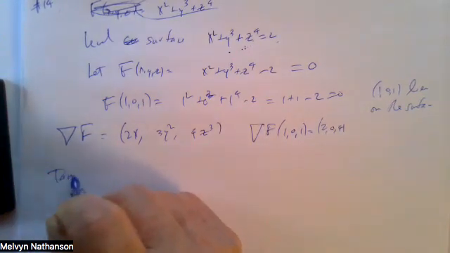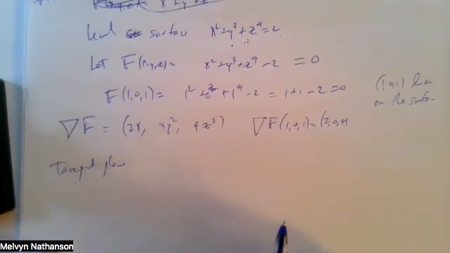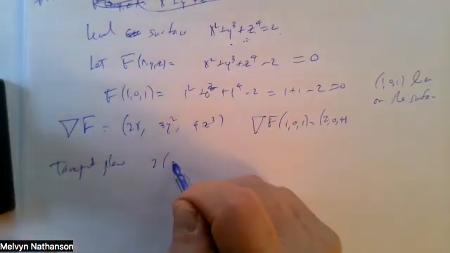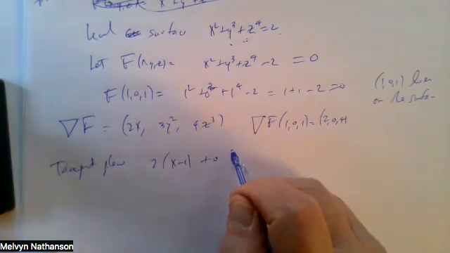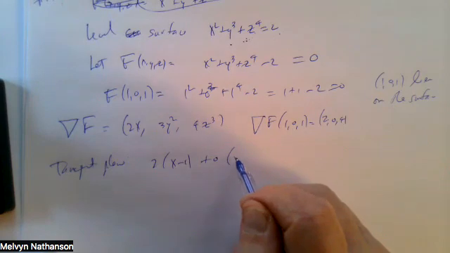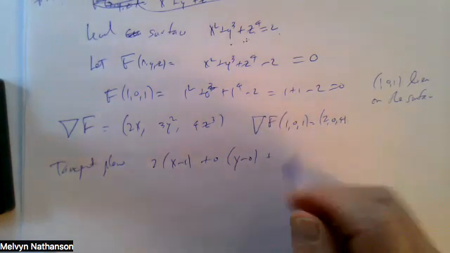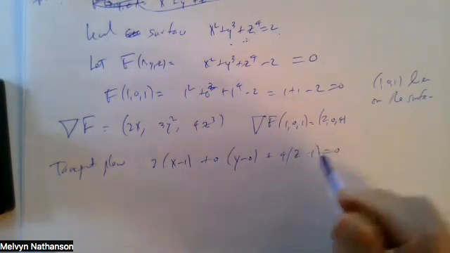So the tangent plane will be 2 times x minus 1 plus 0 times y minus 0 plus 4 times z minus 1 equals 0.